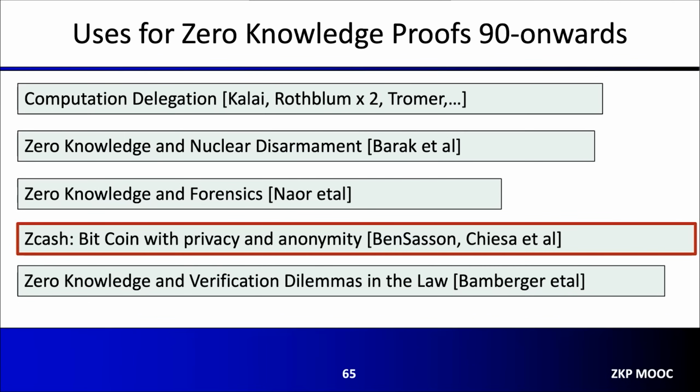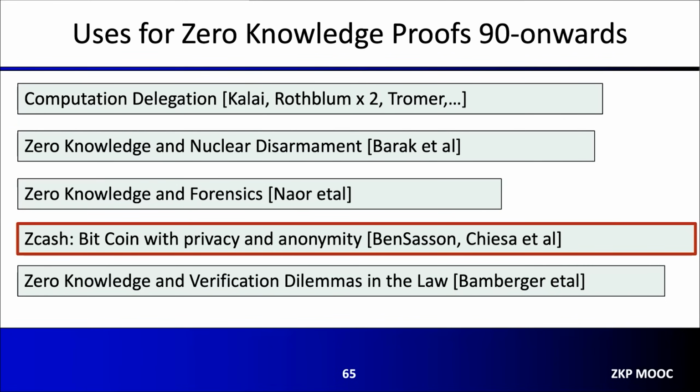It's even been discussed as a tool for nuclear disarmament. That's a very interesting application of the concept of zero knowledge, and nuclear physicists, at least about 10 years ago, did a lot of work in this field. People have suggested using it in the context of forensics, to prove, for example, that your DNA is not the DNA that's on the crime scene without revealing your DNA.